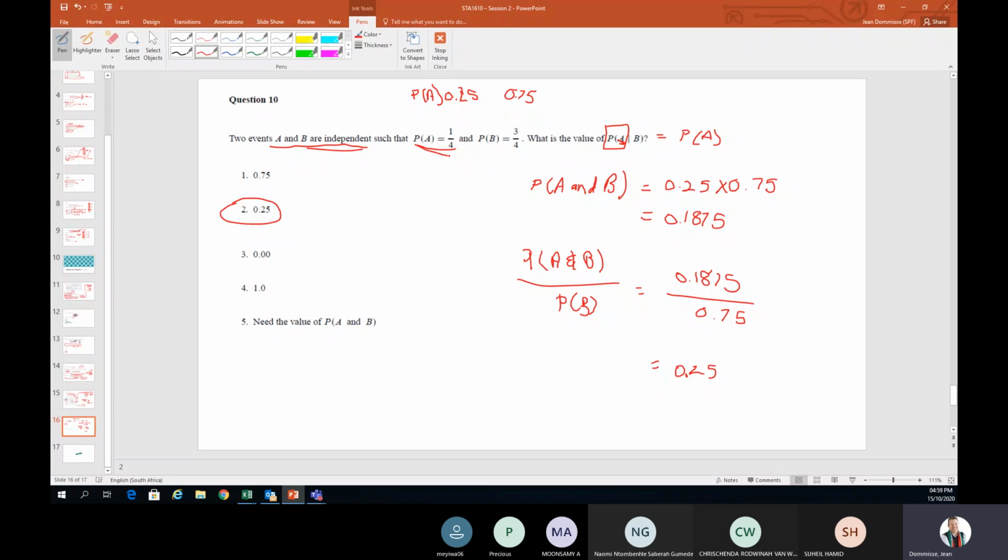Okay, so that was a few questions on probabilities. So let me just get a feel of where you are in understanding it a bit better.